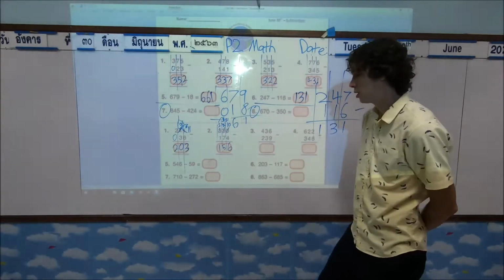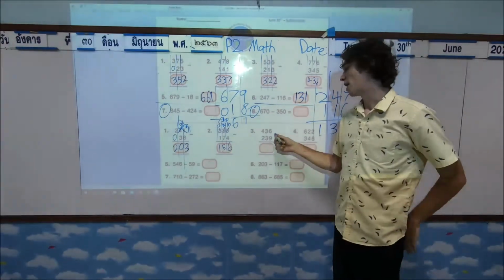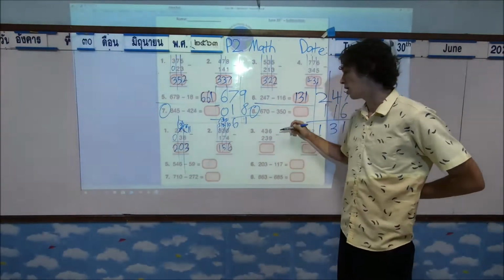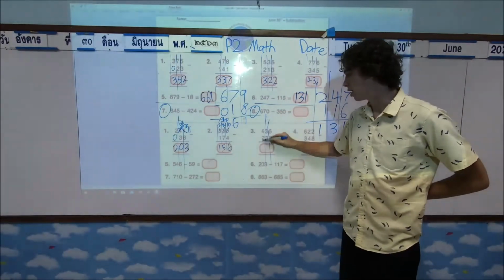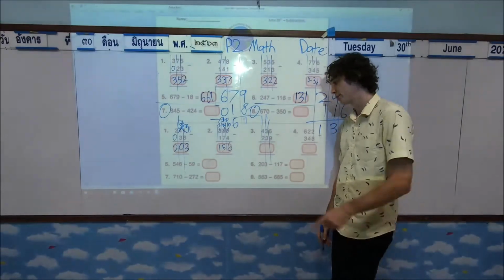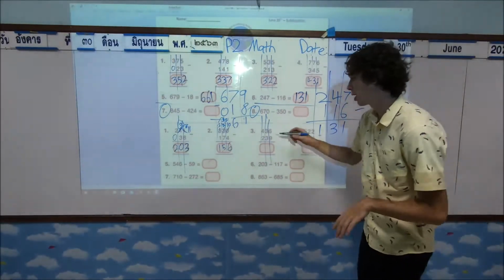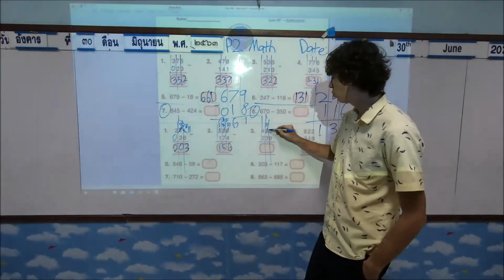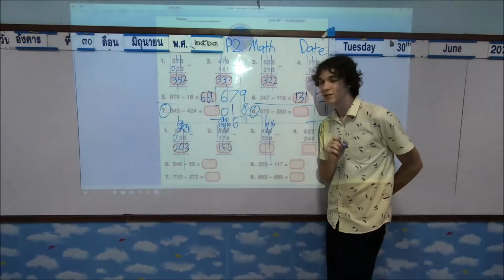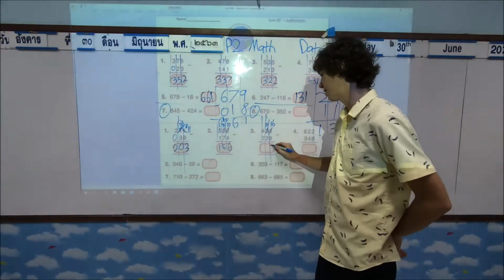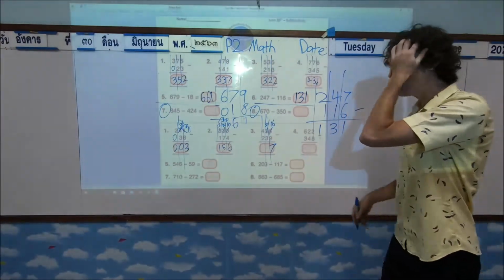Okay, number 3. 436 minus 239. Write it up and down, ones, tens, hundreds. 6 minus 9, we have to borrow again. That's a 2 plus 10 is 16. 16 minus 9, 7. 2 minus 3, we cannot again.